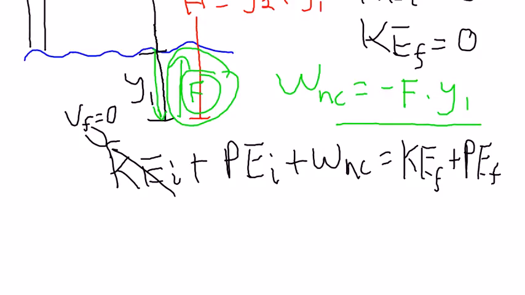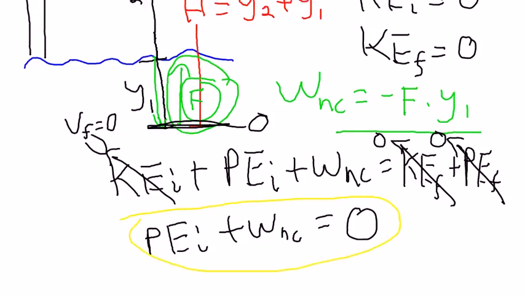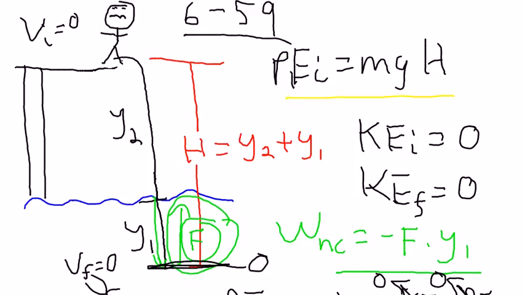The crazy thing is that our kinetic energy final is 0 and the potential energy final is 0 if we define the bottom down here as your 0 location. So all you're left with is that your potential energy initial plus the work done by non-conservative forces equals 0. And so you hopefully should be able to solve this using the information that we have up here.